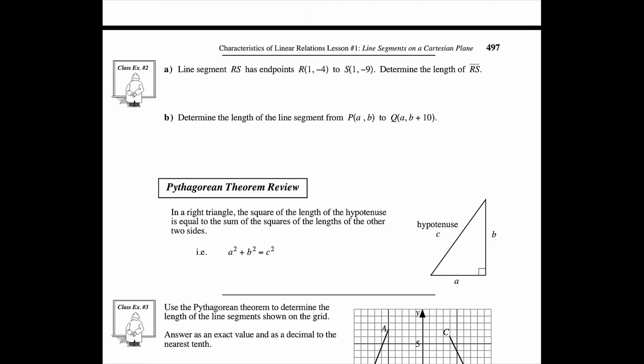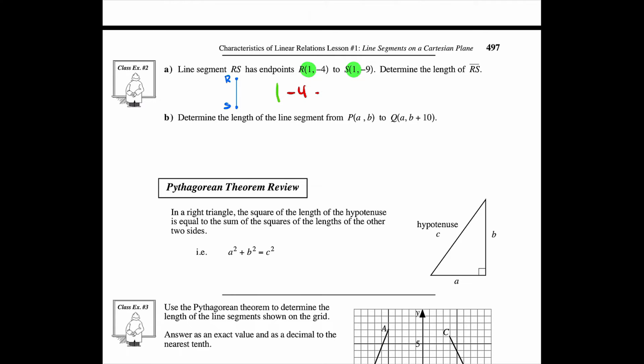Okay, taking a look at class example 2, we have a line segment called RS, and we note that it's got the same x values. That means that it is a vertical line going between 2 points that we're calling R and S in this case. And all I want to do is take the absolute value of the larger number, which is going to be -4.